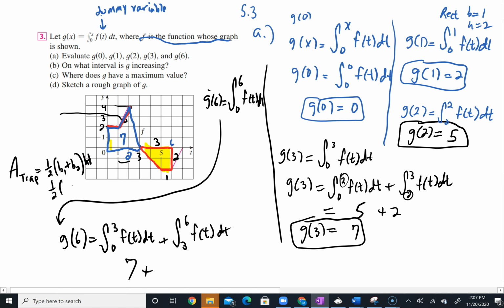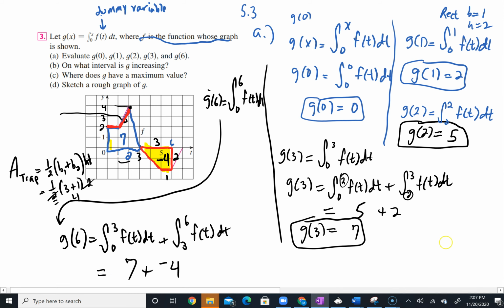Well, I now know that my base would be 3 up at the top. That's from 3 to 6. You could also subtract. Down below, I've got a base of 1, and my height is a 2. And the 2 and the 1/2 are going to cancel. 3 plus 1 is going to be a 4. But guys, it's below the x-axis, so that's going to be an area of -4, just from the integral from 3 to 6.